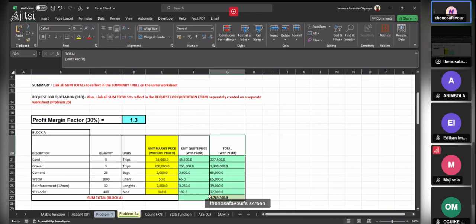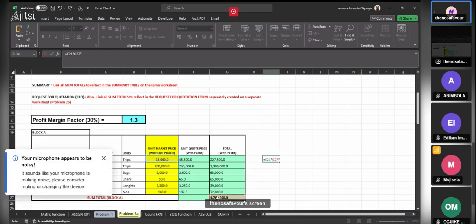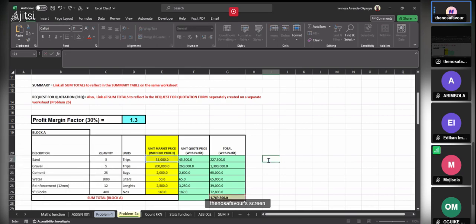Let's do something. It equals this divided by this, times 100, is 1.9.